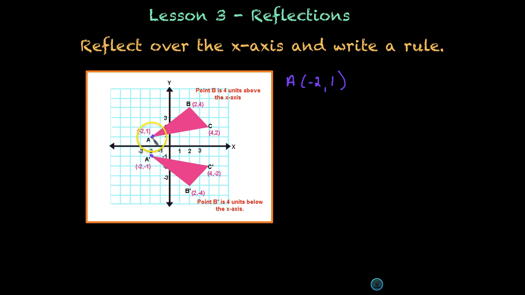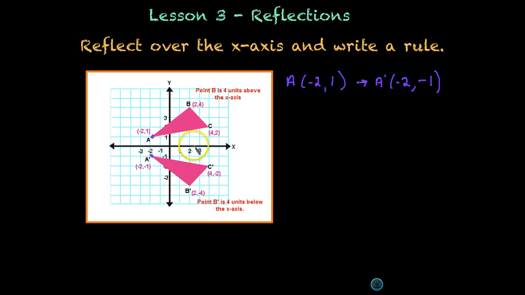Instead of being 1 unit above the x-axis, now we're 1 unit below. So we end up with -1. So if we want to think about what happened with our reflected image, our A prime, we kept the x value the same, but we changed the sign of our y value, so now it's -1. So we changed the sign of the y value.